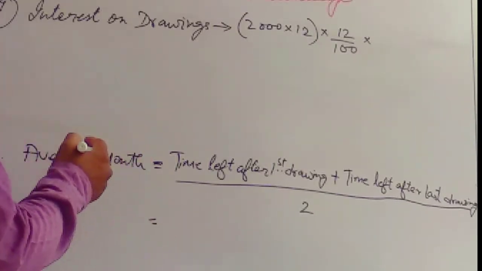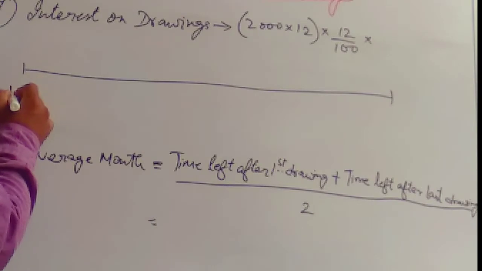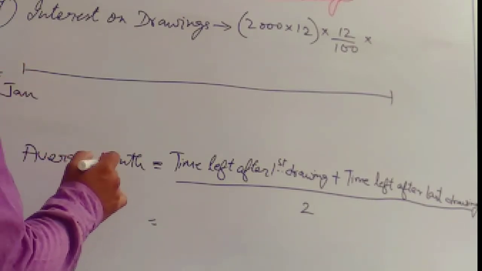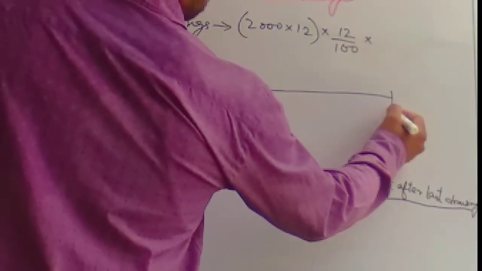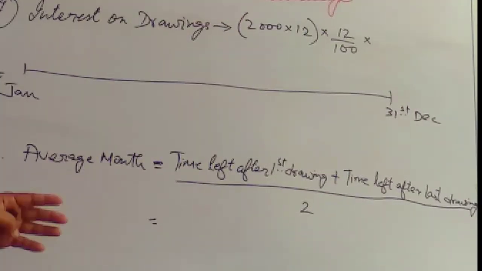So according to this sum, if we consider the business is running from 1st January to 31st December, this is the time span of our business.